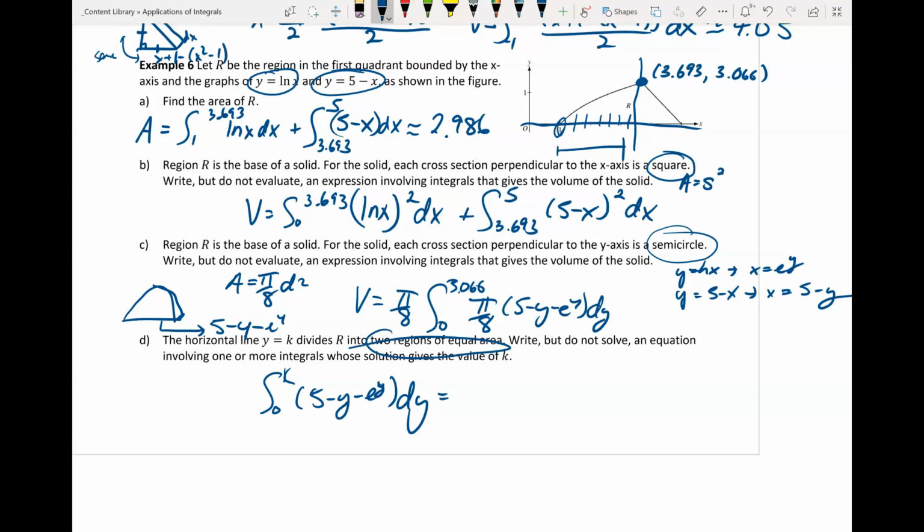The area has to be equal. Then from k to our intersection point, the same thing, because we're looking at only that one specific portion, these would have to be the same, because we're cutting that portion into two pieces that have equal area.